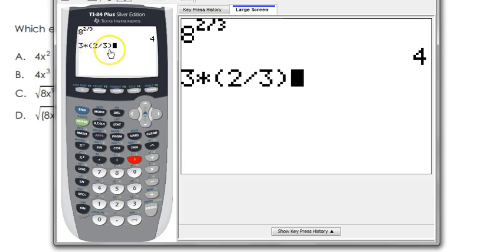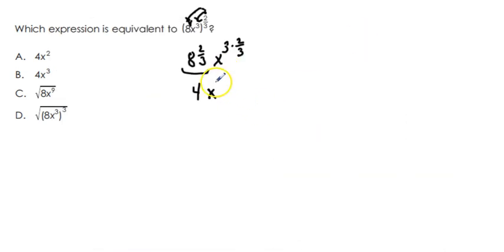So I tend to put parentheses in a little bit more frequently than I probably need to, but I'm just being careful. So I've put that in and it will tell us the answer is 2. So my exponent on that is 2. Okay, but we see here 4x to the second power is an option for us. That is A. And we can move on to the next question.